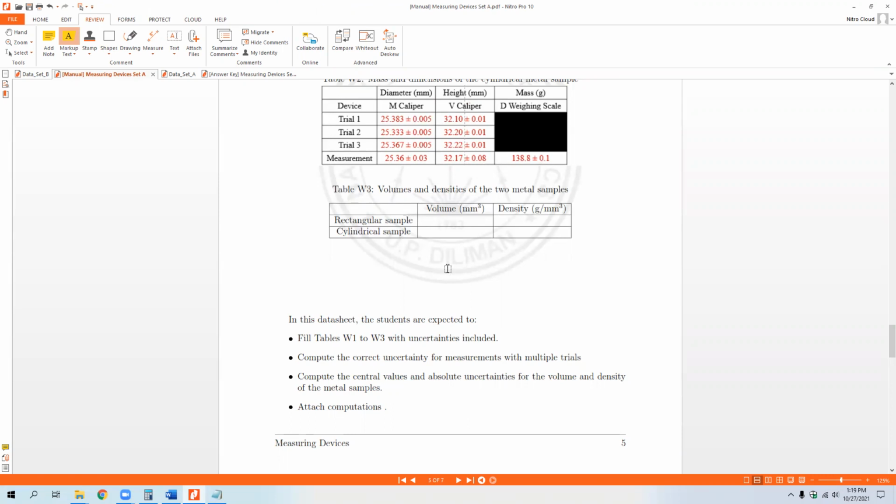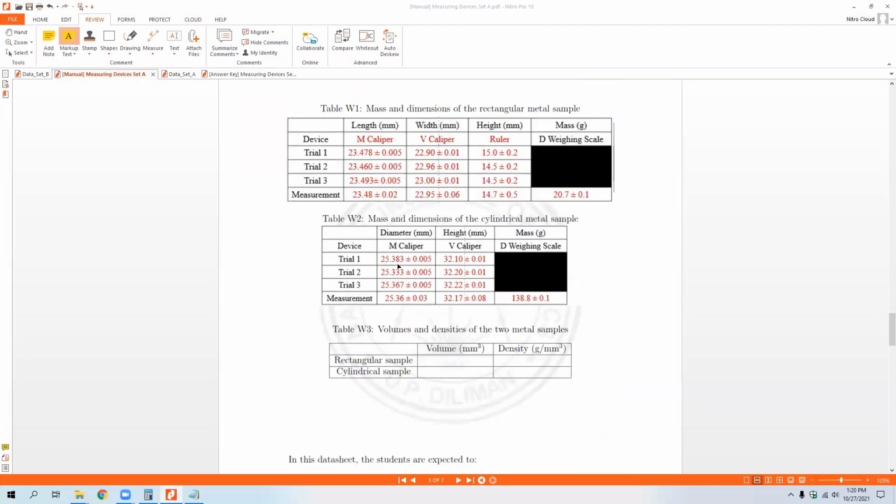So here we will discuss this in more detail kasi these are more important. So we are actually given here our diameter, lengths, widths, and heights, and mass. So we can calculate volumes and we can calculate densities. So for this discussion, let's just focus on the cylindrical sample, since we already discussed rectangular sample volumes in experiment 1's post lab.